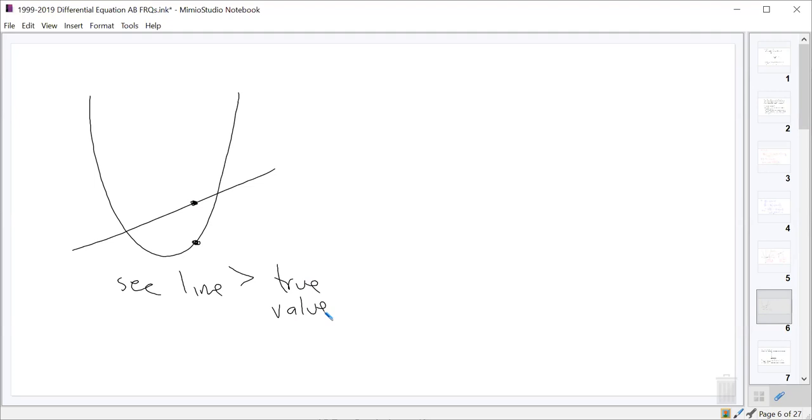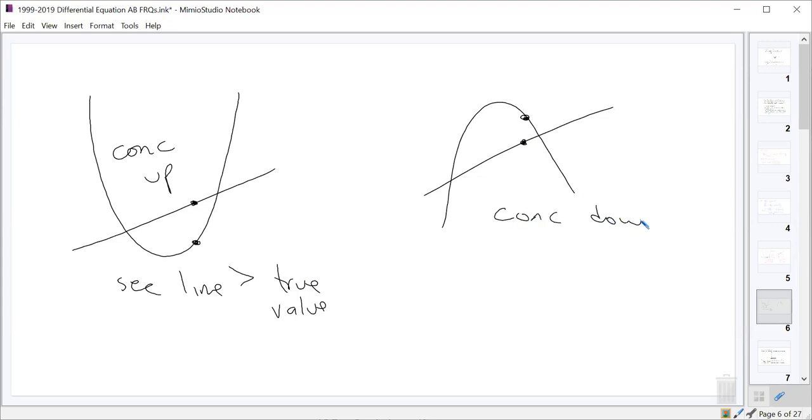So we would say it's an overestimate if it's concave up. But if it's concave down, that secant line is going to be an underestimate.